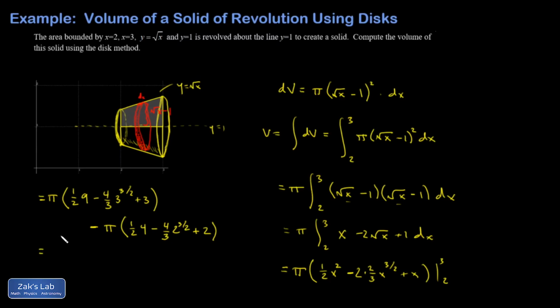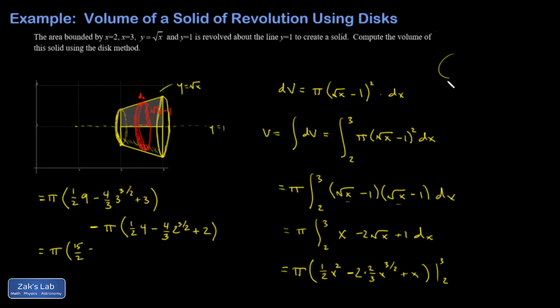I guess you could keep working on this thing for quite a while. I'm going to just go ahead and at least combine the terms that don't have the 3/2 power in them. So I have a 9/2 and a 3. 3 is 6/2, so that's 15/2. So pi times 15/2 minus 4/3 times 3 to the 3/2.